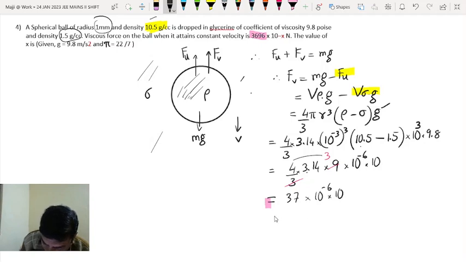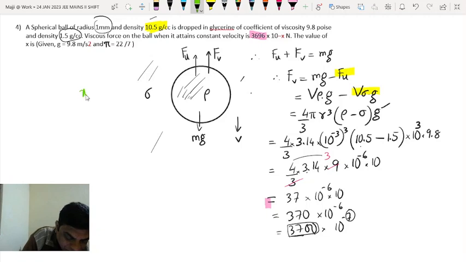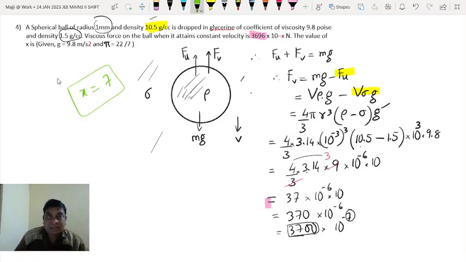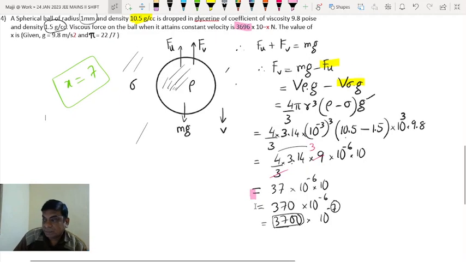So here it will be around 370 into 10 power minus 6. Just add another 0. That is, you have multiplied by 10, so finally divide by 10. So this is 4 digits. So the value of x is 7, you can say. The value of x is 7. So this is how you are supposed to proceed.